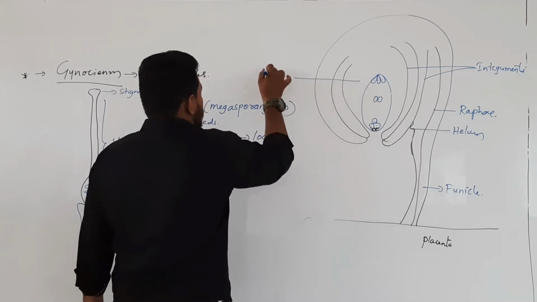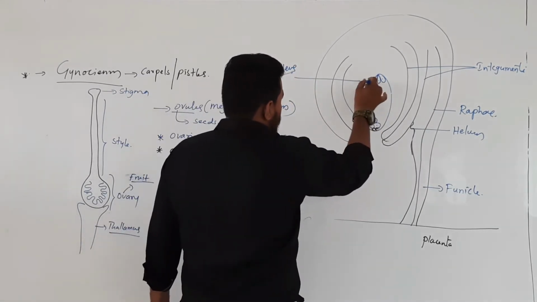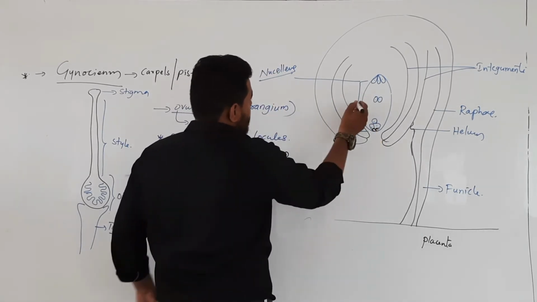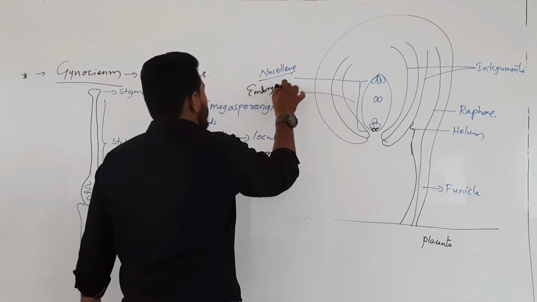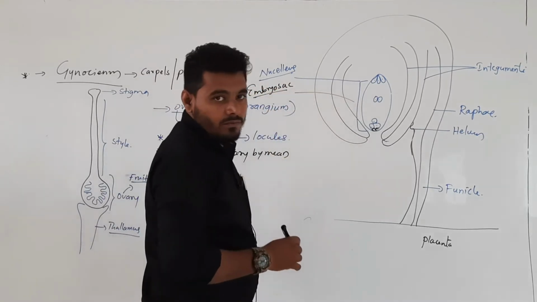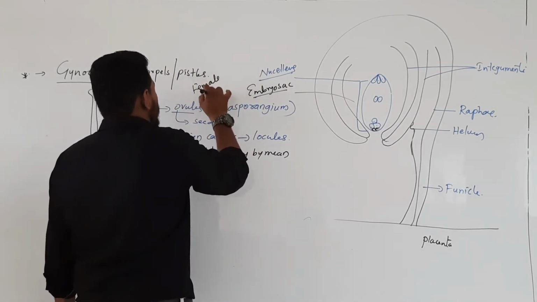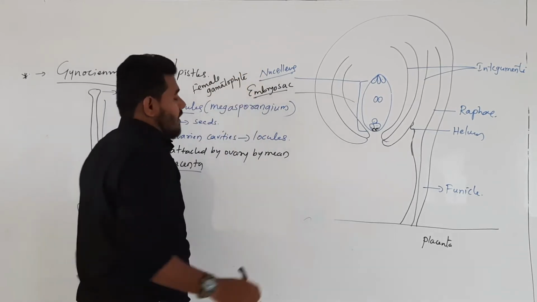This is nucellus, and this part is called embryo sac, also called female gametophyte.